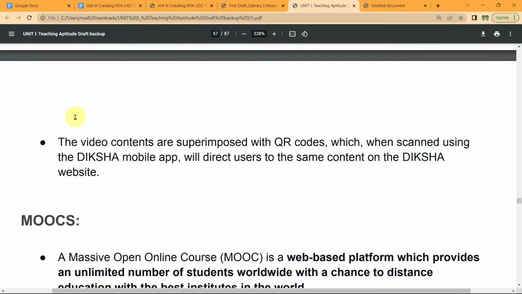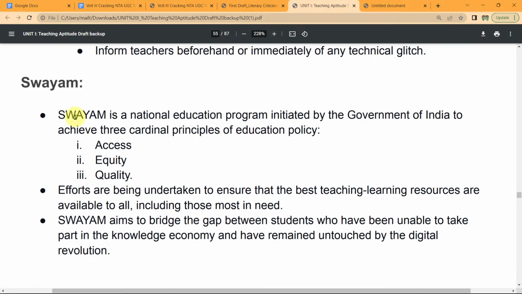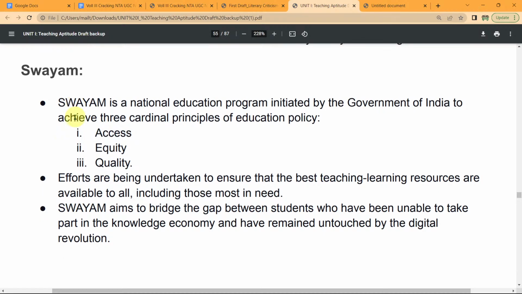Got it? Where are we? Swayam. Great, Priya wants to learn Swayam. Whoever is there, write Swayam in the chat box, and we'll continue. I'll give you a 1 minute break, and when we come back, we'll talk about Swayam Prabha, Diksha, and all the other new terms, from which you will get one question. Already we have discussed 3 questions which are certainly going to come, and one of them is Swayam Prabha and other things.